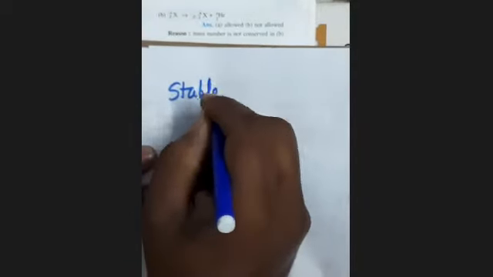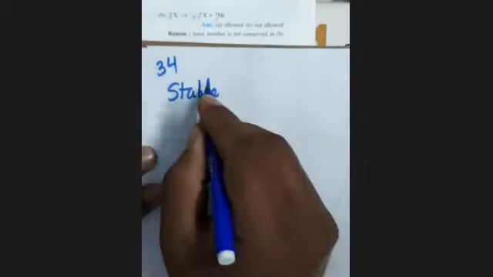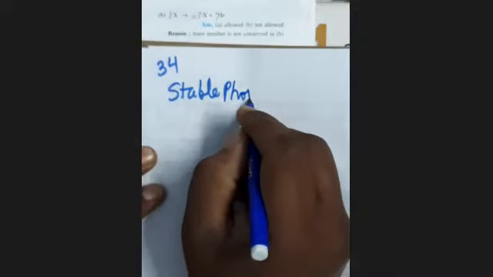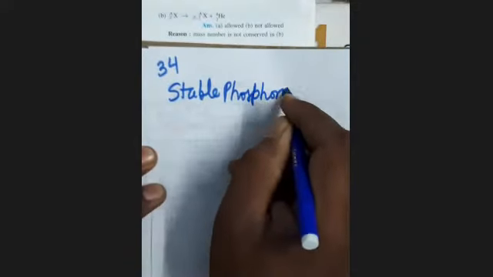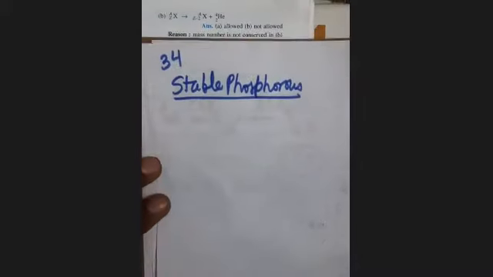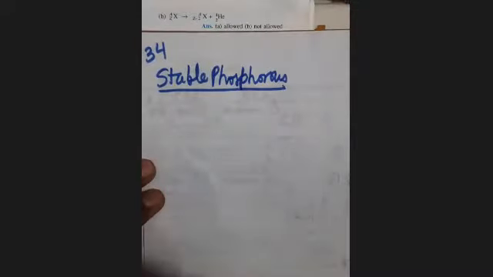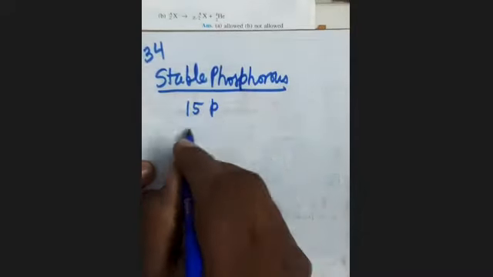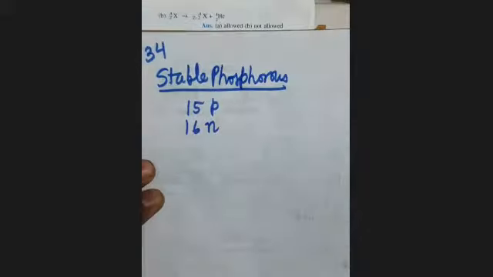Stable means it will not emit any particle. It is having 15 protons and 16 neutrons. What is the atomic number and mass number?